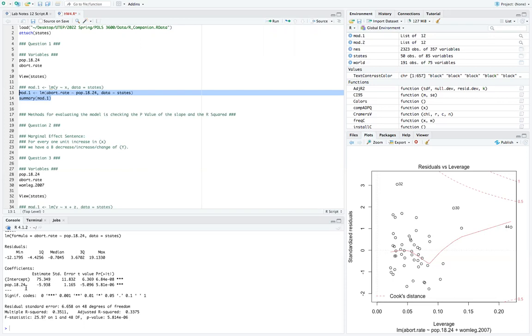What we're concerned about is this one next to our independent variable, that is the slope of this line. And so what this is saying is that for every 1% change or 1 unit increase in population between 18 and 24, we are having a 5.938 unit decrease on the dependent variable.